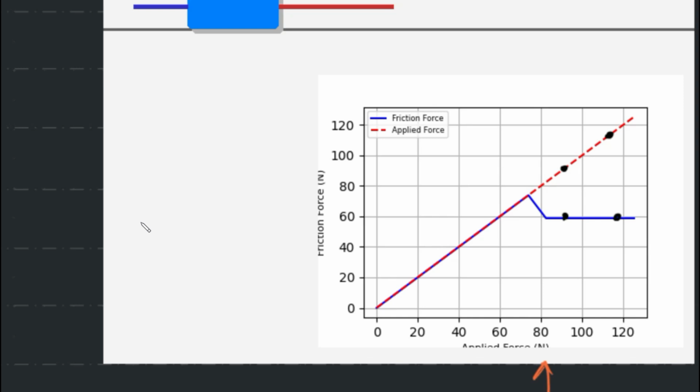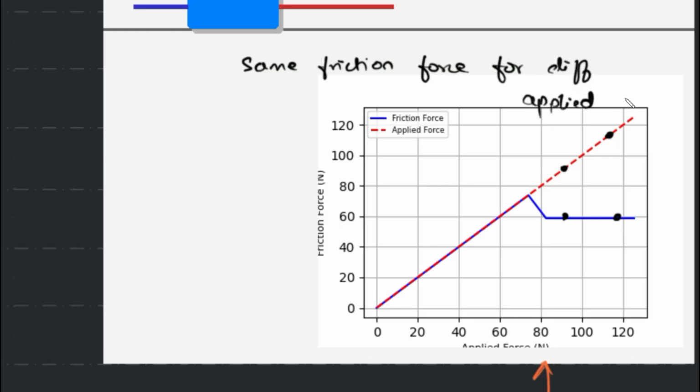You need to explain it to yourself that the same frictional force holds for different applied force.